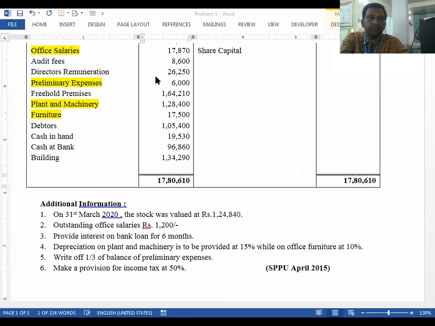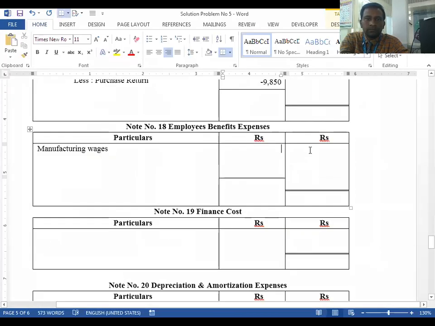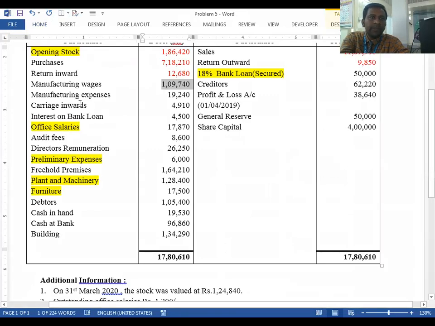Okay, manufacturing wages 1,09,740. The next item, after the manufacturing wages, is manufacturing expenses. Manufacturing expenses are transferred to other expenses.